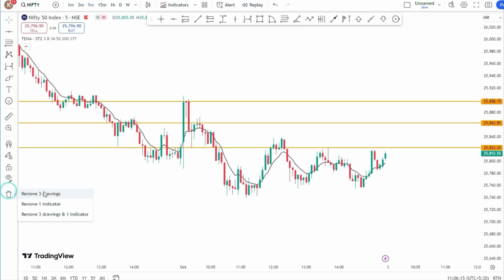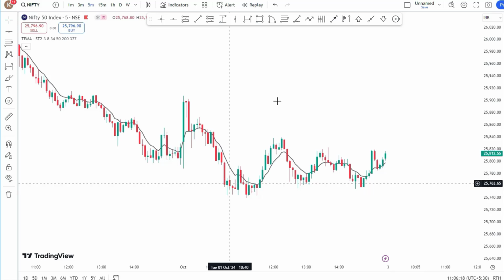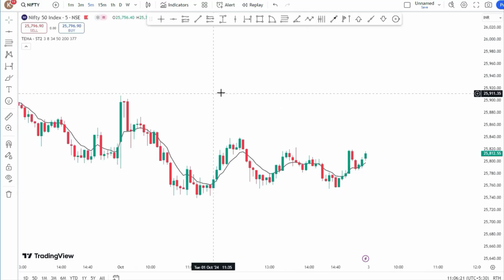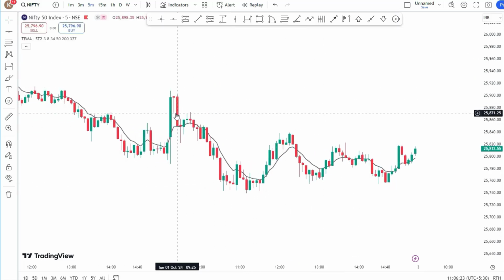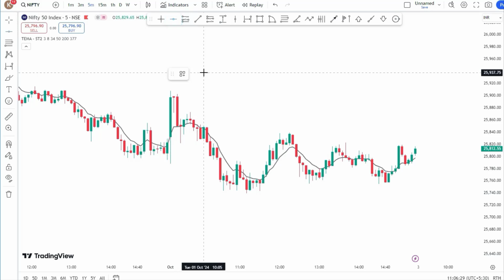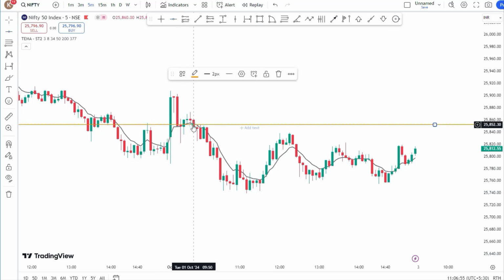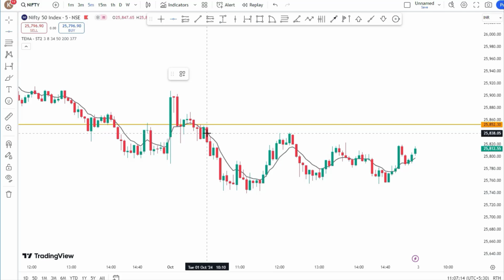So I will just remove all these three lines and then we will do it for the same day. The same day starts here, and here the price is crossing the line and here also the breakout to the downside occurred. So I will put a line here, and here is the next crossover, so I will put a line here.